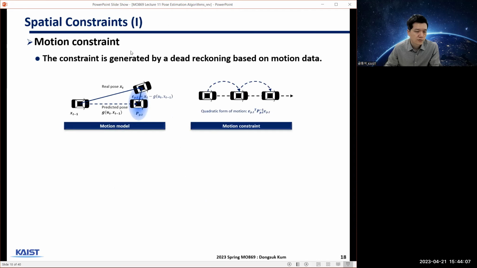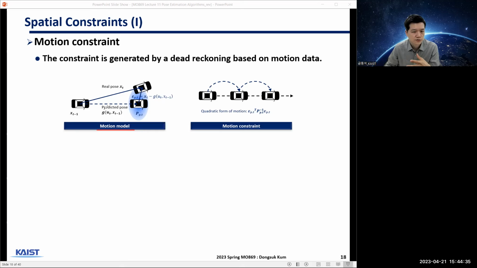The motion term is generated by dead reckoning based on motion data. We have a motion model. It can be a kinematic or a kinematic and dynamic motion model, and then we have a distribution.